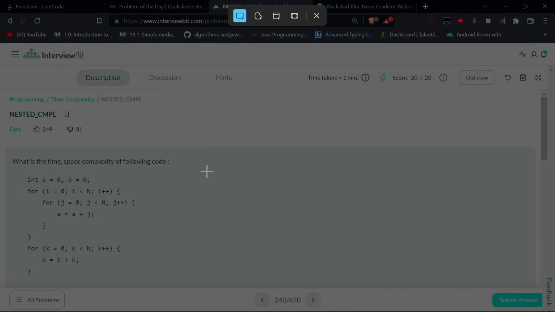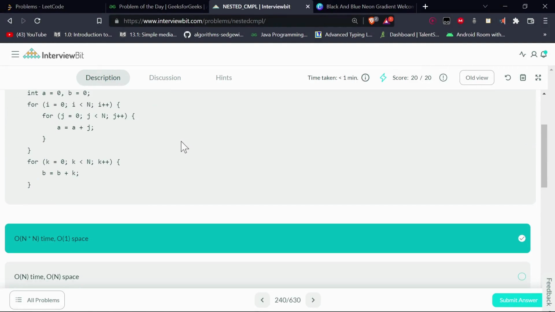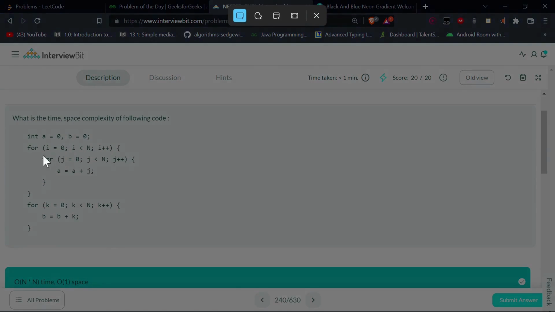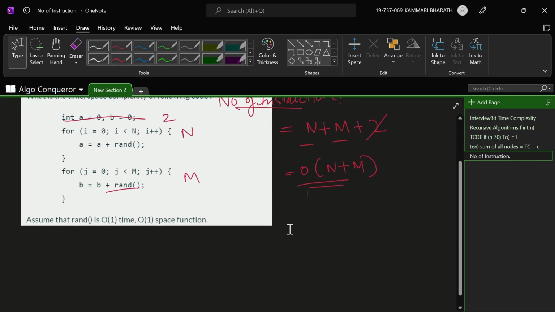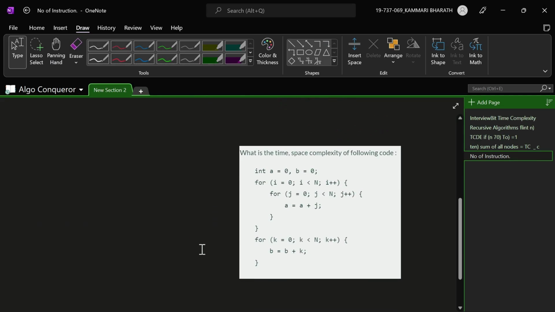Now let's just take the screenshot of this. Yeah. Now write the number of instructions equation for this problem. The number of instructions is equal to: these are two instructions, and this is an instruction which is executing n times.